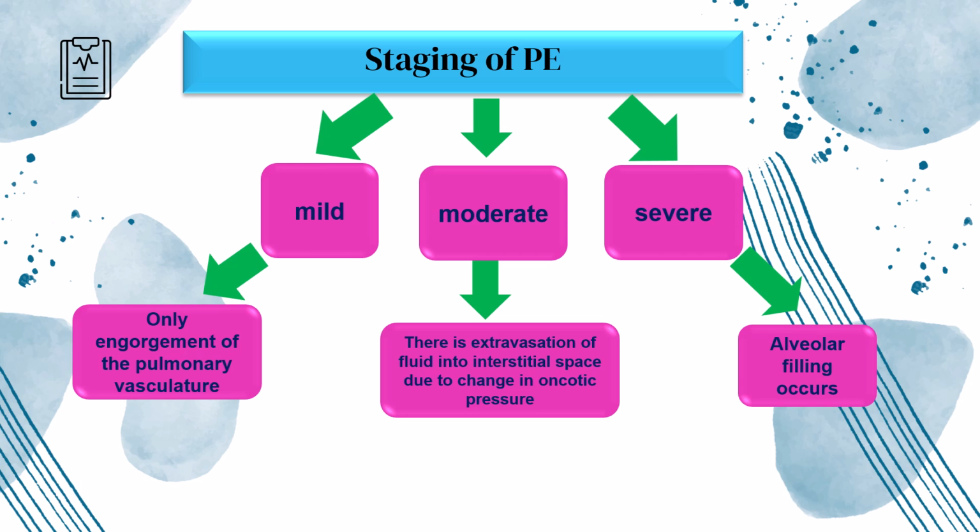Moderate means it has gone a step beyond, leading to extravasation or escape of this fluid into the interstitial space. Severe means that the pressure gradient in the interstitium and in the pulmonary capillary has changed. That has led to alveolar filling.